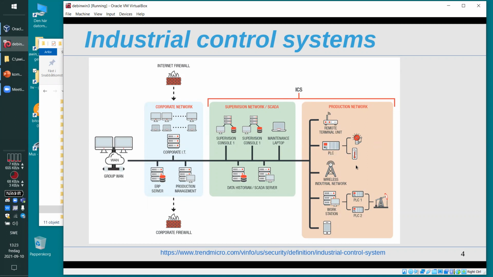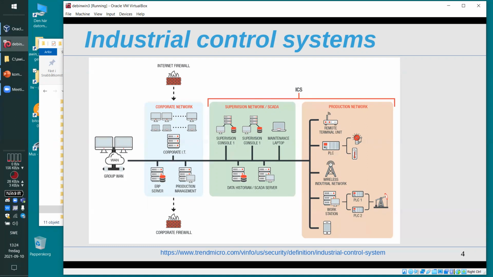But further up in some kind of hierarchy here, you have a supervision network, or SCADA system. And SCADA is an abbreviation for supervision and control, really. So that's typically systems that interact with the PLC, ask for information, display nice diagrams, and you might sometimes have humans staring at a lot of screens to see if the factory runs okay.